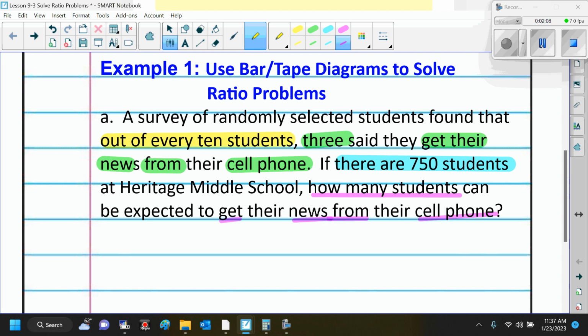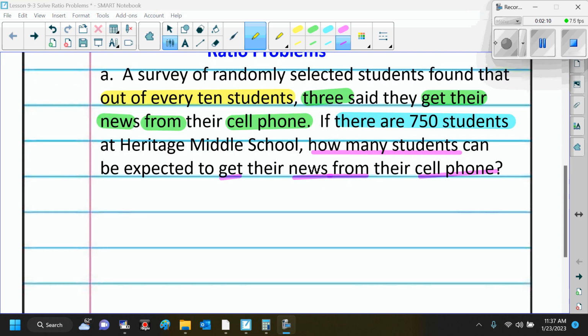Okay? So step 1 is to draw the bar. So we need to know how many sections we want to have in this bar. So what's my ratio? Okay?